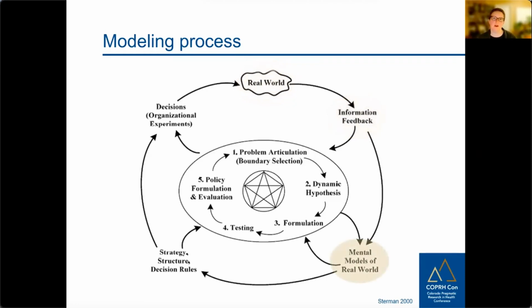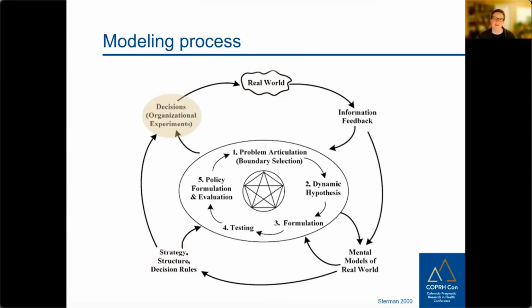These mental models are always shaped by our prior experience and our interpretation of what we observe. So in groups like research teams, you can have a mental model that's shared if you have a common understanding of what you're studying, or you might have a variety of mental models. We use these mental models to develop strategy and decision rules in teams and organizations. And then those rules help shape decisions, policies, programs, which then change outcomes that we observe in the real world.